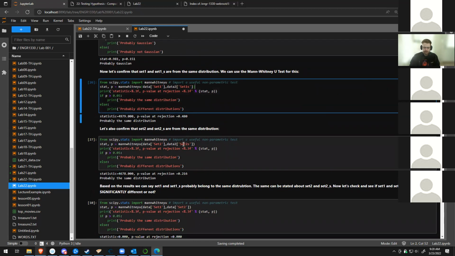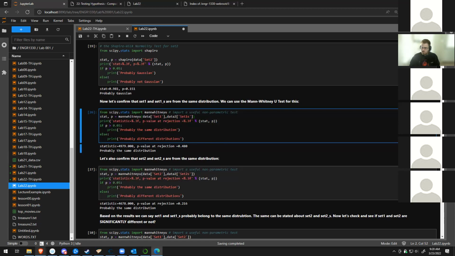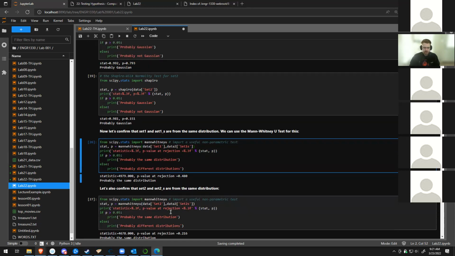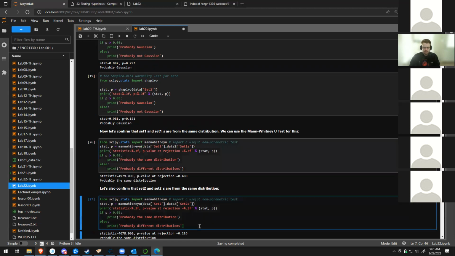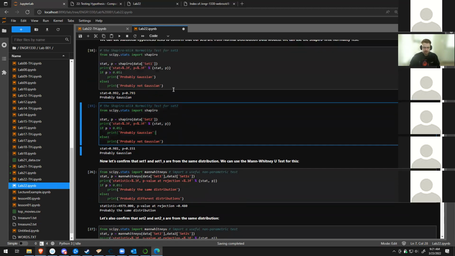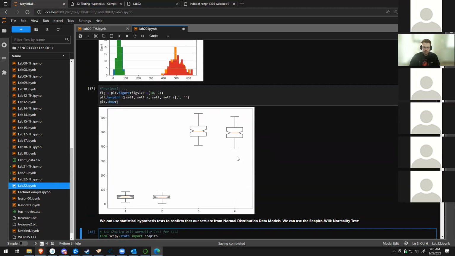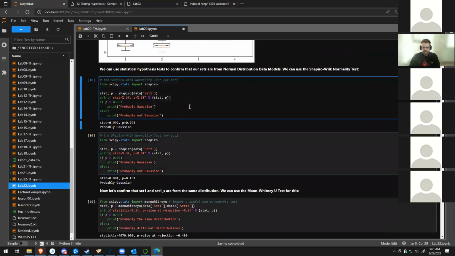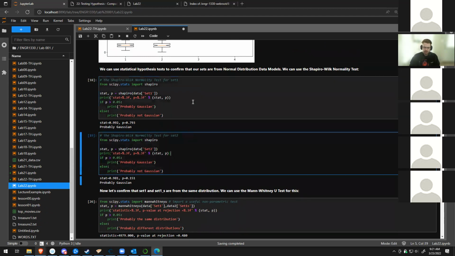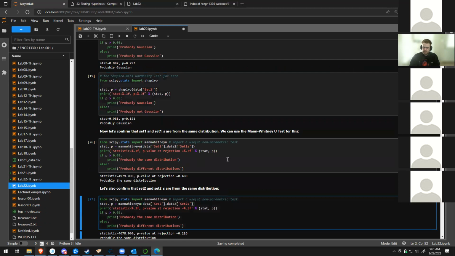So rather than just blitzing through everything, let me pause there, because I have gone through quite a bit. Does anybody have any questions or are a little confused about any part of what I've just been talking about? We had a recap, a test to see if we think that the first set of data is normal, and then a test to see if the generated data is from the same distribution as what we collected. Now would be the time.